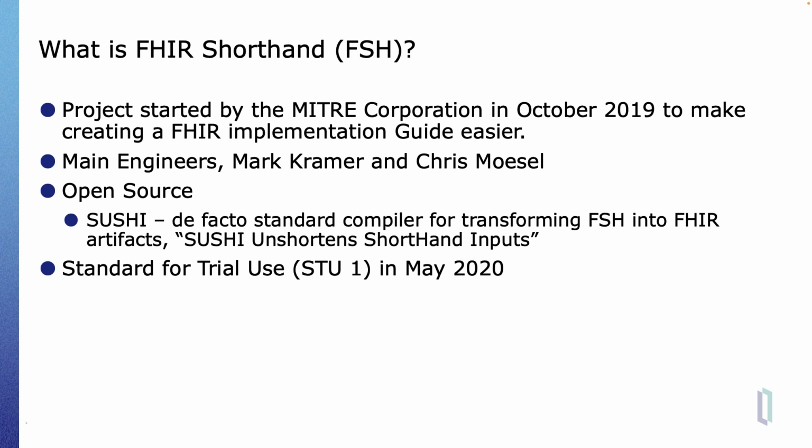Consistency. It enforces consistency in the creation of a profile and extensions by following a well-defined syntax and set of rules. This helps ensure that the FHIR profiles and extensions adhere to the FHIR standard and can be used reliably for interoperability. FHIR Shorthand includes tooling.